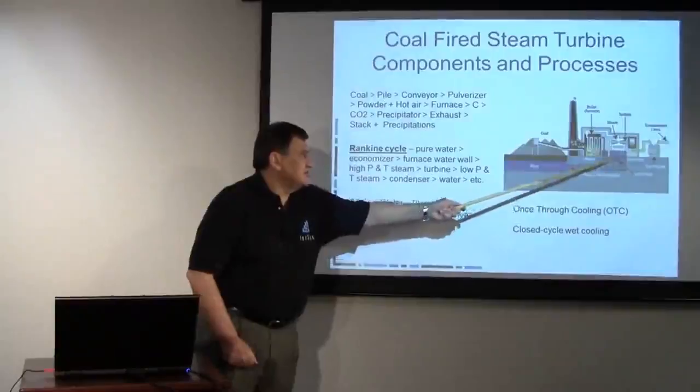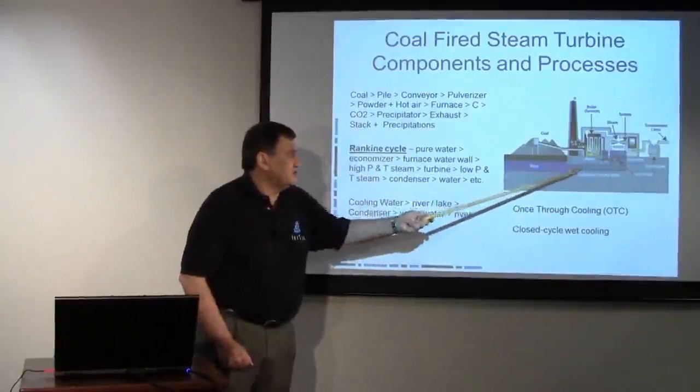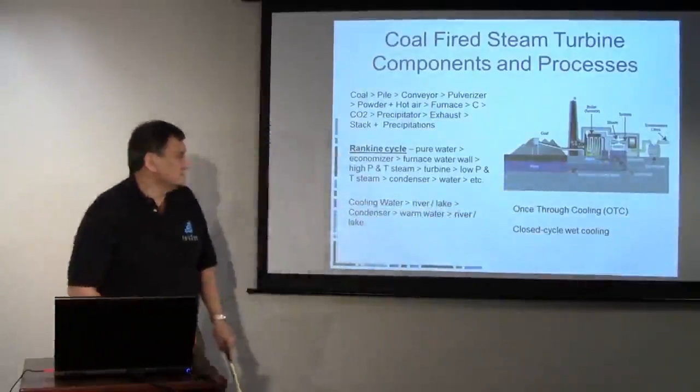So it comes out from that low pressure stage at a lower temperature and a lower pressure because it has dissipated its energy into the rotating energy of the turbine. Now at that point, it has to go through a condenser to return it back to water. And so at the condensing step, it is chilled by cooler water from an external source.